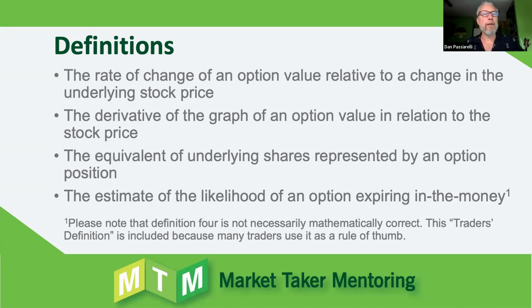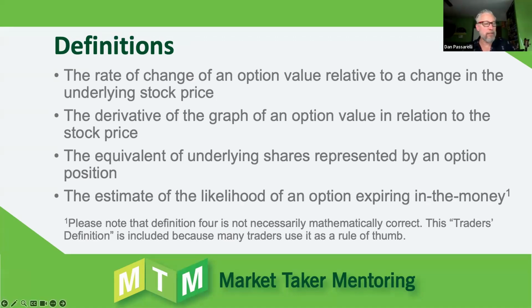Now, definition 4, I call the trader's definition. And before we talk about it, I got a little note here. Please note that definition 4 is not necessarily mathematically correct. This trader's definition is included because many traders use it as a rule of thumb, and this is what it is. It's the estimate of the likelihood of an option expiring in the money.